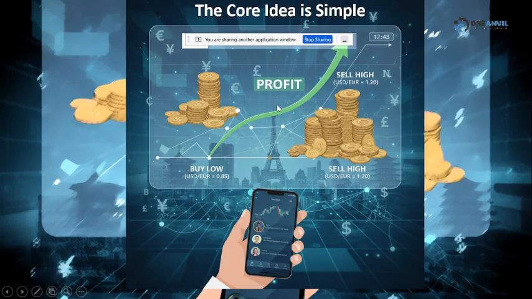Here we buy when the USD rate is low at 0.85. That means 1 US dollar buys 0.85 euros. Then we sell when the rate is high at 1.20. Now $1 buys 1.20 euros. The difference between the buy price and sell price is where the profit comes from.